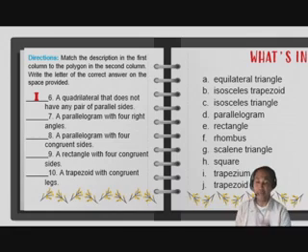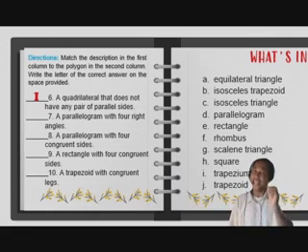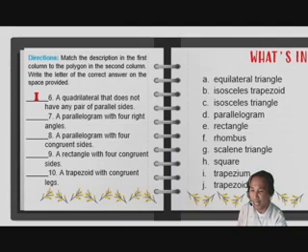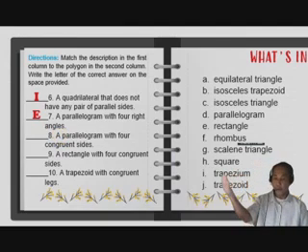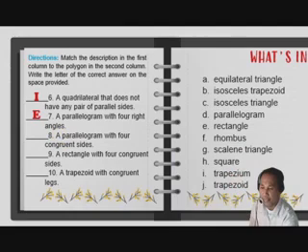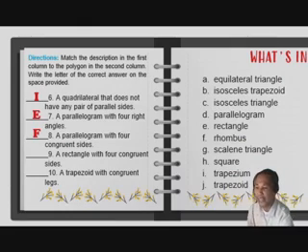A parallelogram with 4 right angles. What kind of parallelogram is that? So we have letter E, and that is a rectangle. For number 8, what is a parallelogram with 4 congruent sides? Siyempre, kayang-kaya ninyo yan. Yan ay ang square. Letter H.